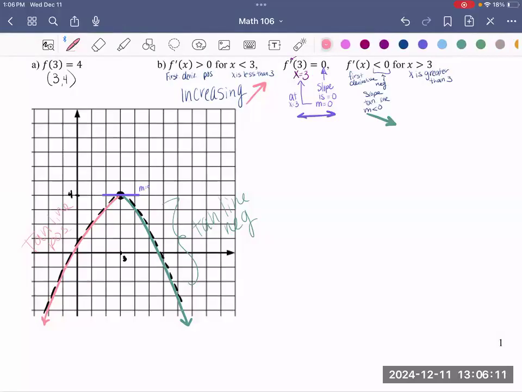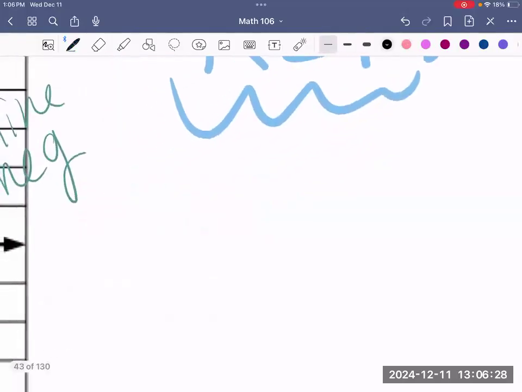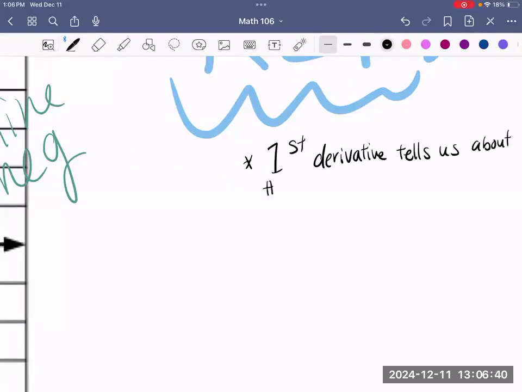Now, the most important ideas here: the first derivative, and I want to do maybe something big, key. Your first derivative tells us about the slope of the tangent line.